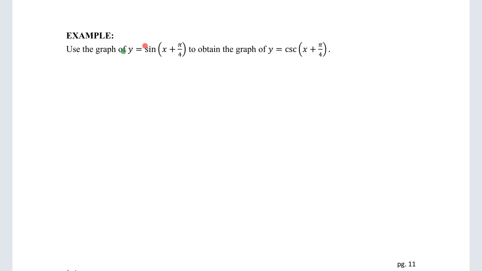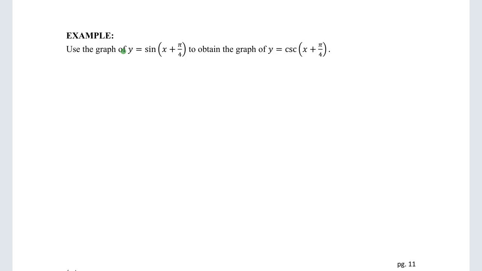It's just that this one is sine, and the other one is its reciprocal, the cosecant, and the rest is exactly the same. So I'm going to graph the sine function before the cosecant function, following exactly the same steps from the previous lesson, section 4.5.